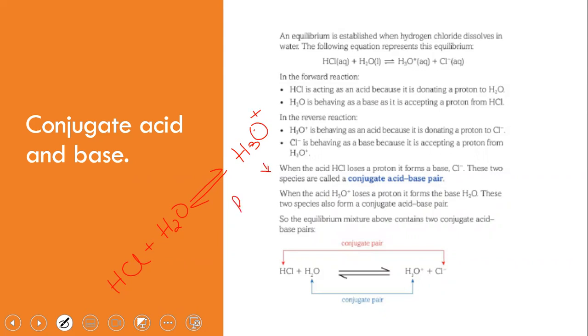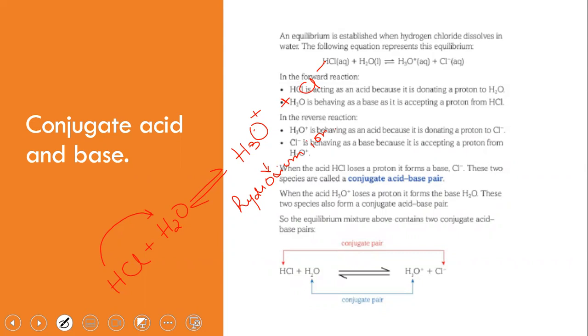This is known as the hydroxonium ion. So it will form a hydroxonium ion, which is water accepting one of the protons from hydrochloric acid. The chlorine will then turn into a negative ion like this. So in this particular case, you can see water is acting as a base because it is acting as a proton acceptor.